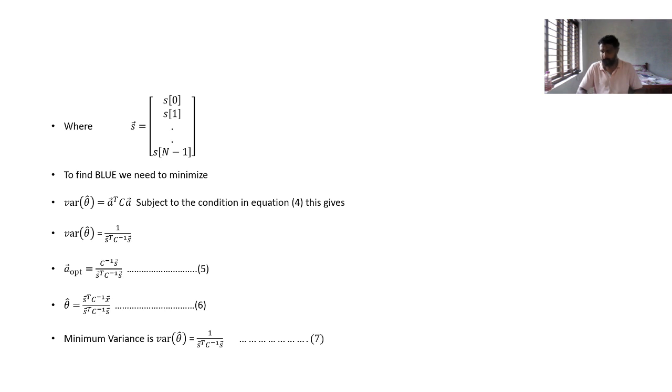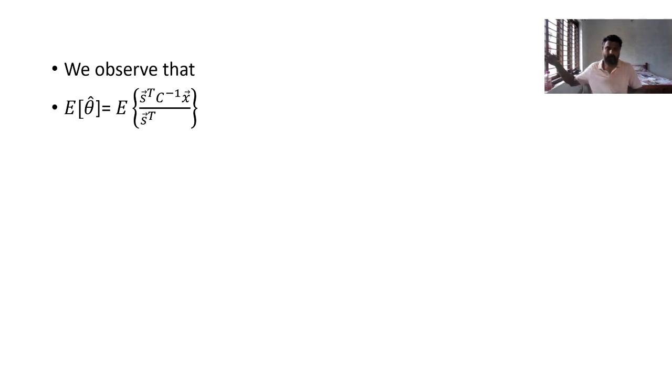I will call this equation 7, and we will get the expectation of theta cap. We observed that the expectation of theta cap is nothing but the expectation of S transpose C inverse X divided by S transpose C inverse S. So you will get S transpose C inverse into expectation of X divided by S transpose C inverse into S. Expectation of X is nothing but S into theta.